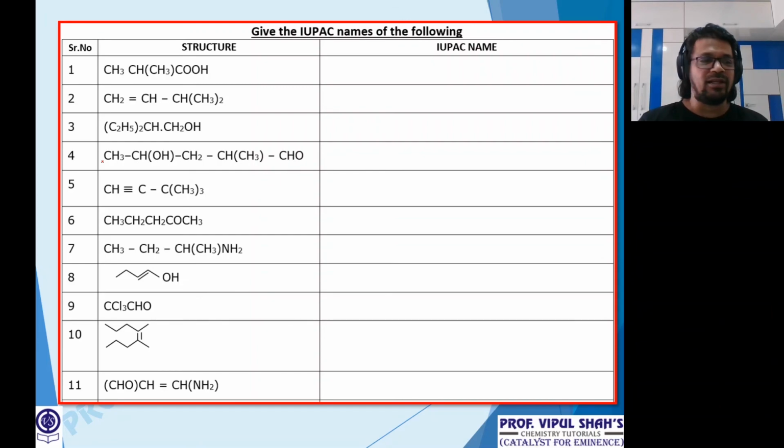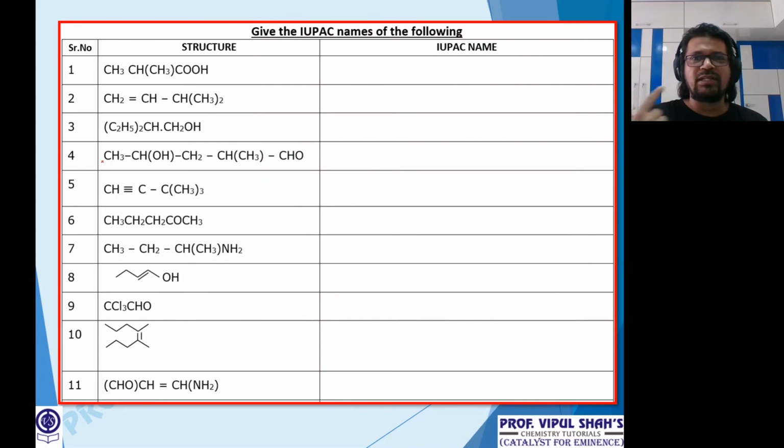Halogen, haloalkane. OH, the alcohol, alkanol. Next one, NH2, NH and H, all the three amines, alkanamine. COOH, carboxylic acid, alkanoic acid. COO, that is RCOR dash, ester, alkyl alkanoate. CHO, aldehyde, alkanal.